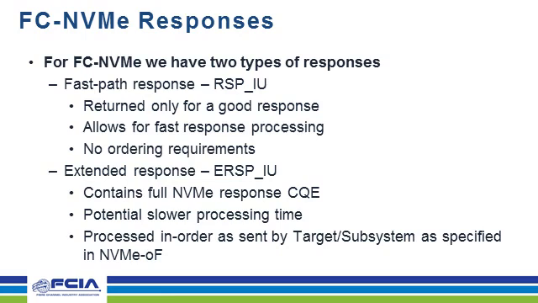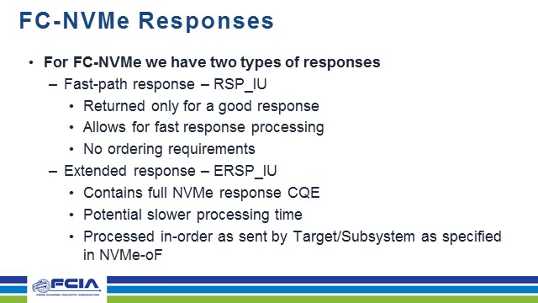For responses, there actually are two types. There's what we call the fast path response, which is returned only for a good response, only if it's a successful command. It allows for fast hardware processing, and it doesn't have any order requirements because there's really no information in that response. It just says everything's good.